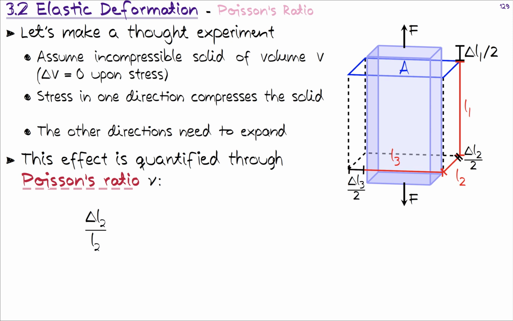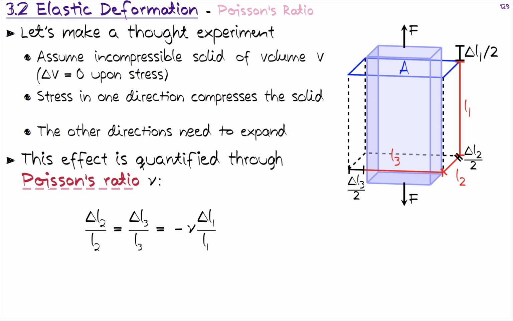And we define Poisson's ratio as the axial strain along the index 2 direction. So please, the index 2 there corresponds to one of those transverse directions, so perpendicular to the applied force. And because we're assuming that we have an isotropic material, this is equal to the other transverse strain, and then this is equal to minus this Poisson ratio nu times the axial strain.